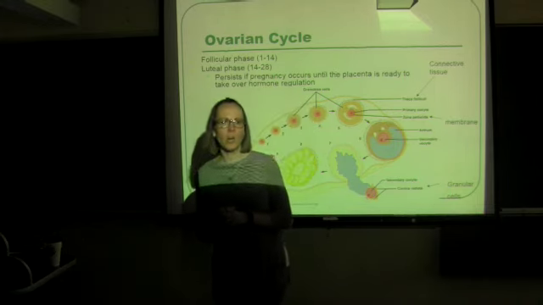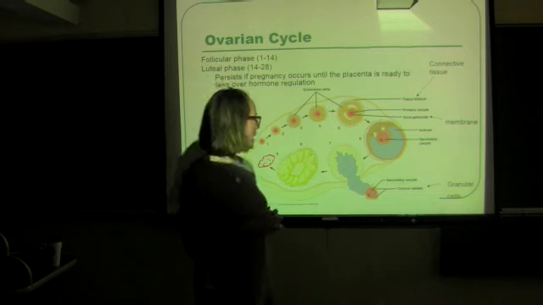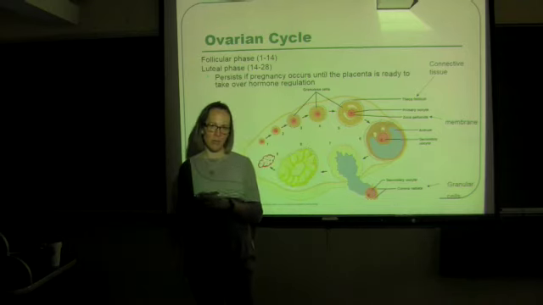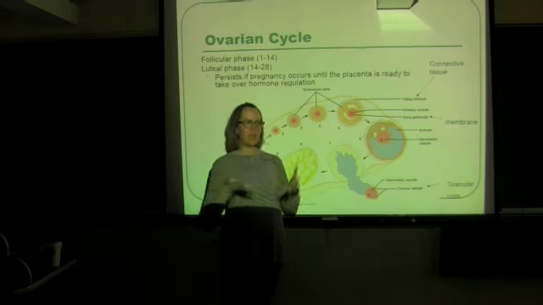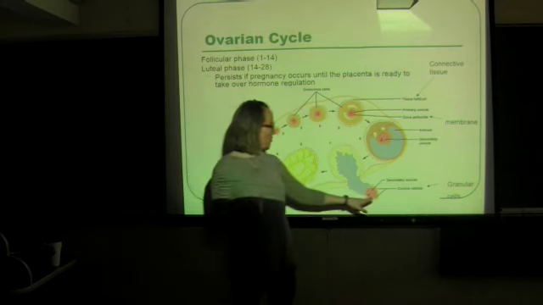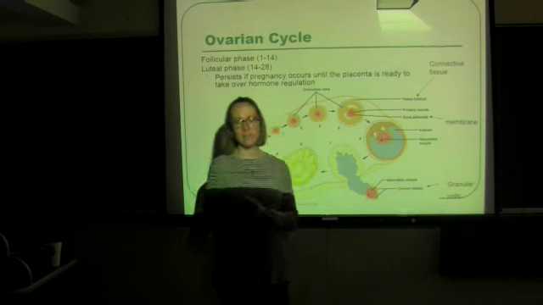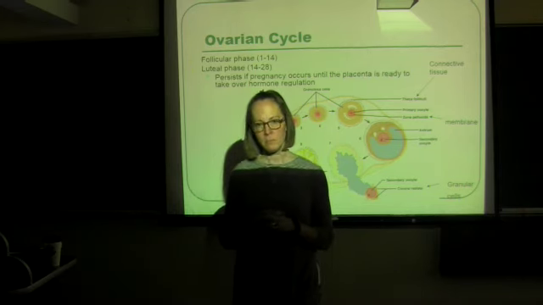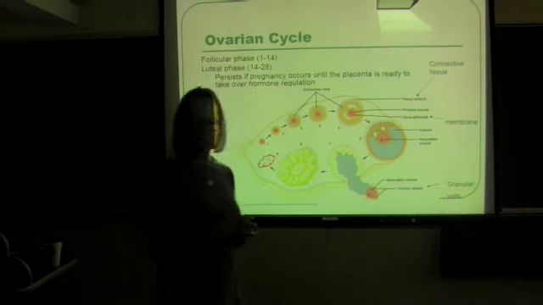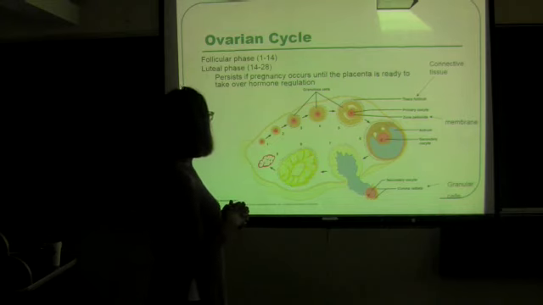C-O-R-O-N-A, corona radiata. R-A-D-I-A-T-A, corona radiata. Somebody thought it looked like a radiating crown. And it's just the granular cells that the sperm will also have to get through to get into the oocyte. All right? Any questions? We good?